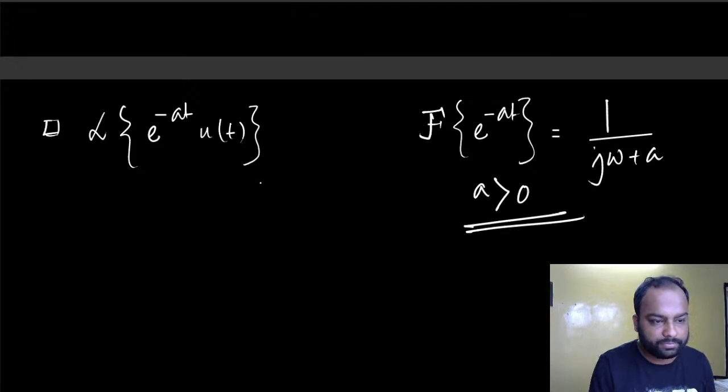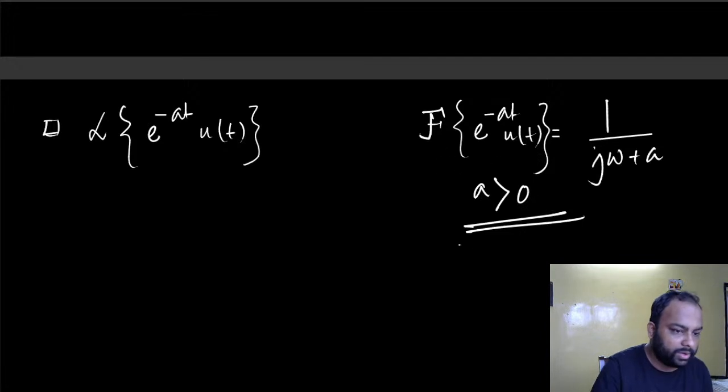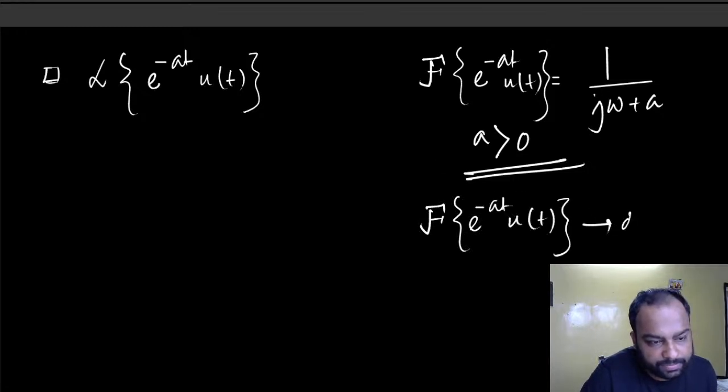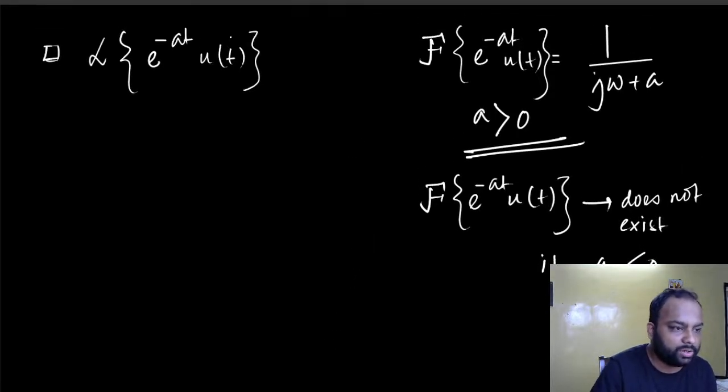But keep in mind, the Fourier transform of e to the power minus at ut does not exist if a is less than 0. So that's a side note.